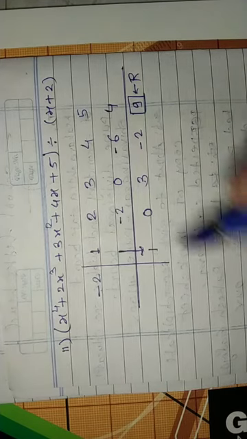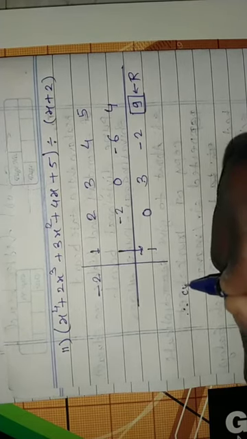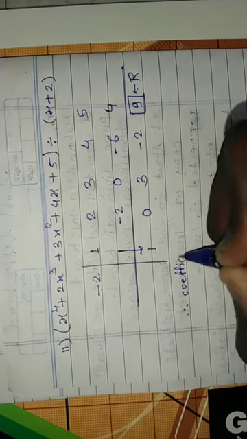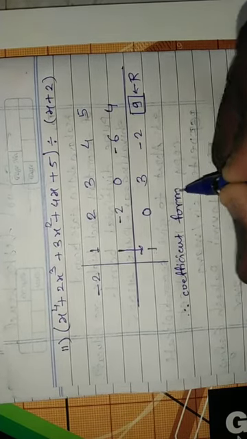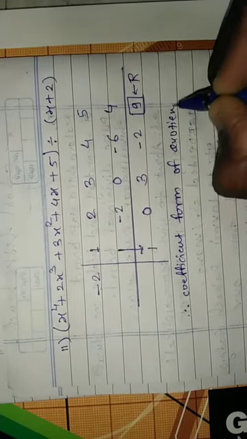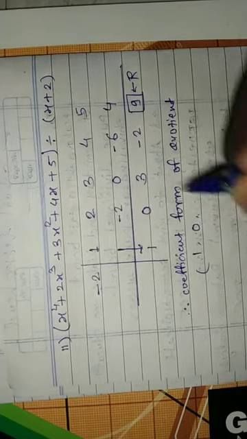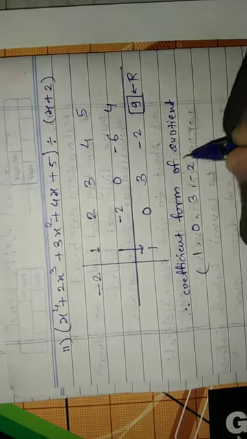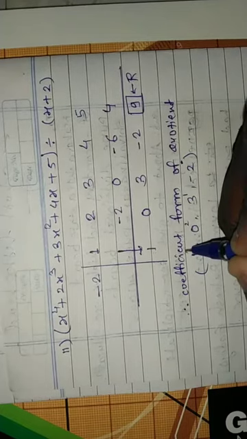Okay students, write down the coefficient form of the quotient inside a bracket: 1, then 0, then 3 and minus 2. Here is the 0 index, here the first index, then the second index and the third index.